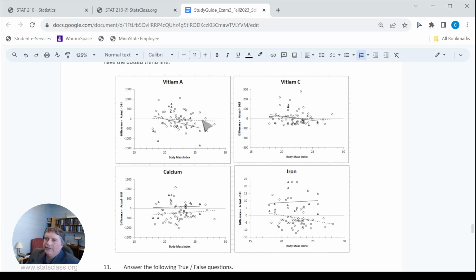Same thing here for women on vitamin A. Whereas if we look at iron, BMI definitely has an impact because the trend lines don't have 0 slope, or they're not flat. This is definitely tilted down. So that means for low BMI, they're taking in pretty close to target, but for high BMI, they're far off of target. There's a big gap here from the target. So for iron, for women anyway, BMI has an impact.